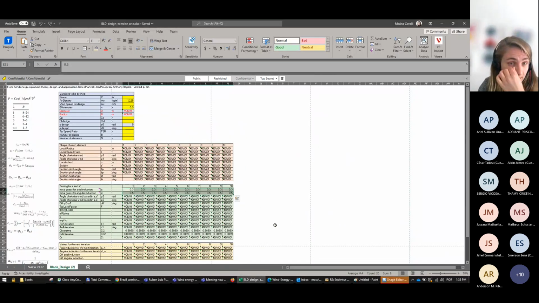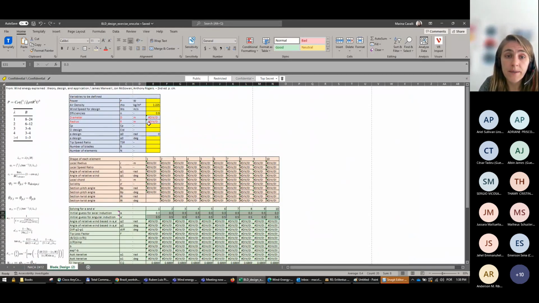Then going to the exercise here. First thing is defining these main characteristics of your turbine. Then I already introduced here the equations for each element. I divided the blade in 10 elements actually.